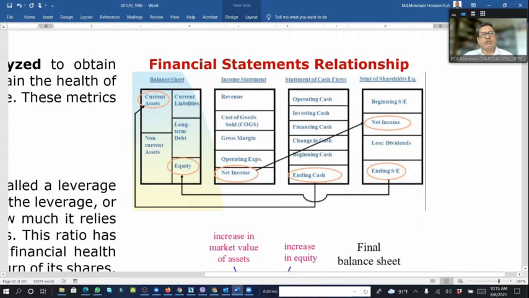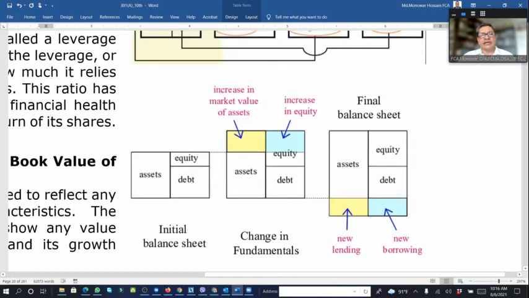Then the equity on the balance sheet is the ending equity in the statement of stockholders' equity. The net income from the income statement is also included in the statement of shareholder equity. Here, beginning balance plus net income minus dividends gives the closing balance. That closing balance must match the equity. This way we can make the relation.